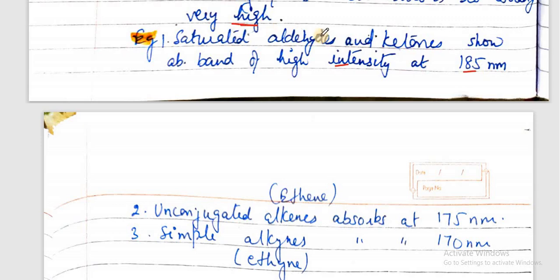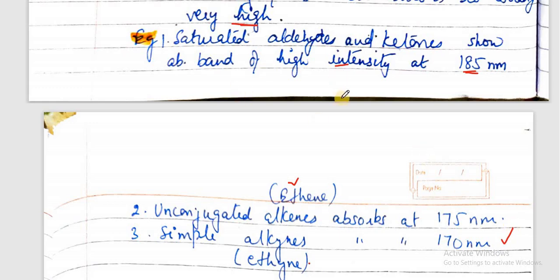Now saturated aldehydes or ketones have a C double bond O, that is a multiple bond, so it absorbs at 185 nanometer. Similarly, if we take unconjugated alkenes, for example ethene, it absorbs at 175 nanometer, and simple alkynes, such as ethyne, absorb at 170 nanometer.